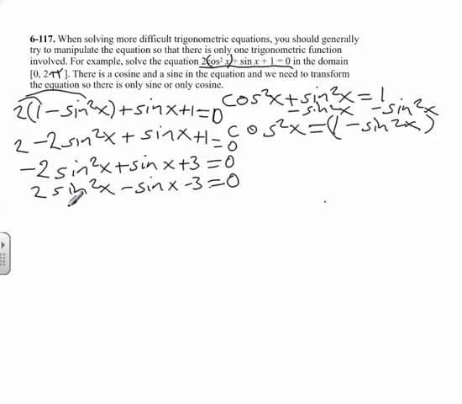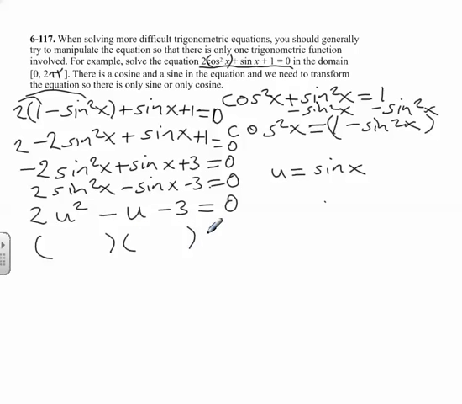In order to factor this, it might be easier to substitute u into our equation for sine of x. So if we rewrite this using u in place of sine of x, we've got 2u squared minus u minus 3. Now we can factor.